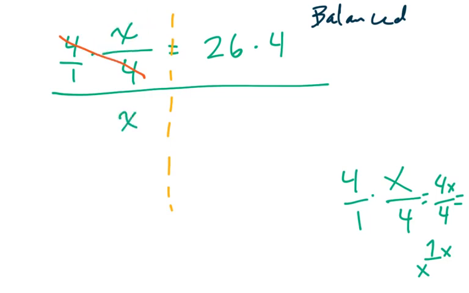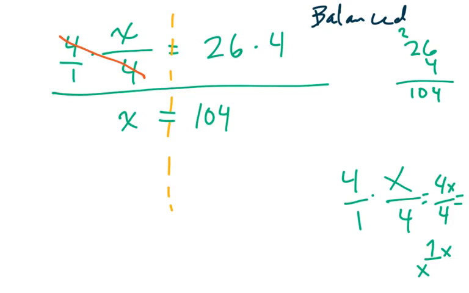So we're going to write x equals, and then I have to do 26 times 4, and I don't know what that is. Oh, wait, no, I do, because 25 times 4 would be 100. So it's 104. Let me just double check. Yep, 104. Okay, so 104. So let's check our work.